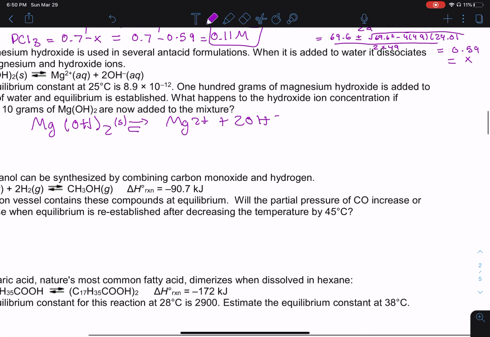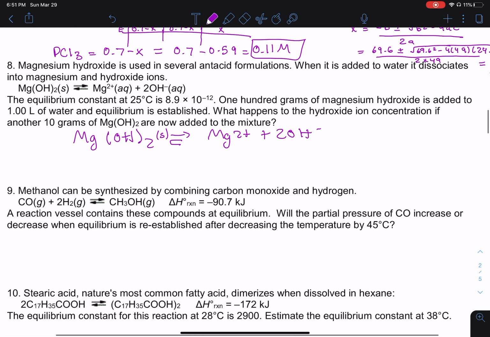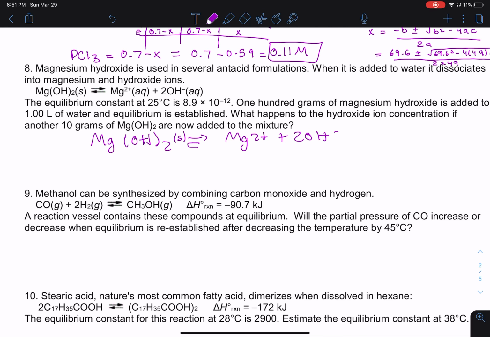So this is something that talks about Le Chatelier's principle, and it's basically a principle that discusses the dynamics of equilibrium. However, one thing that Le Chatelier says is that solids and pure liquids do not affect the equilibrium, like we talked about before. So in this case, no matter how much you take out or how much you put in of a solid, it will not affect the reaction or the equilibrium.